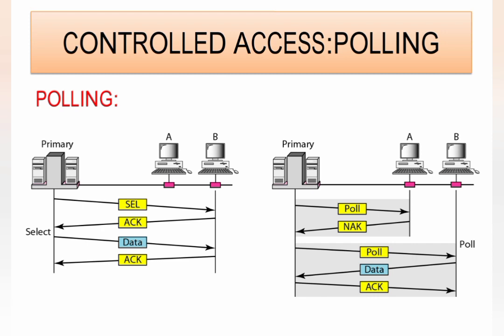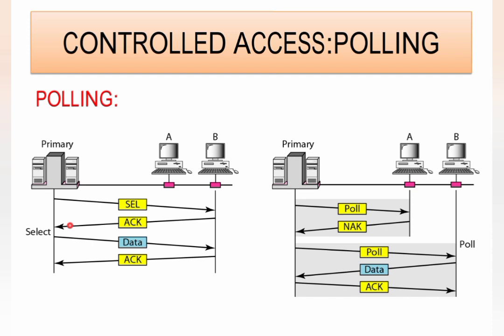Suppose the primary station only wants to transmit data to B. Then it will send a message called select to station B, asking whether it is ready to receive the data or not. If it is ready, it will send an acknowledgement.